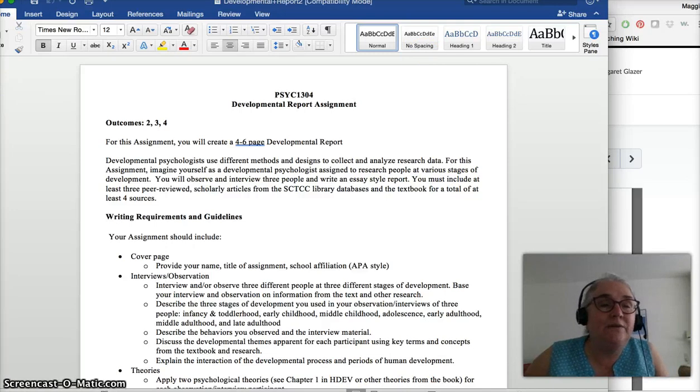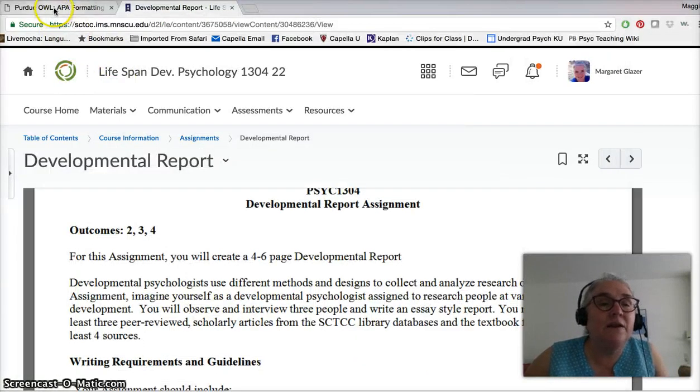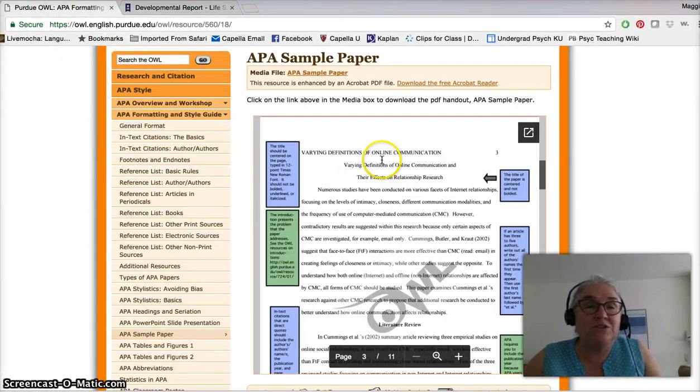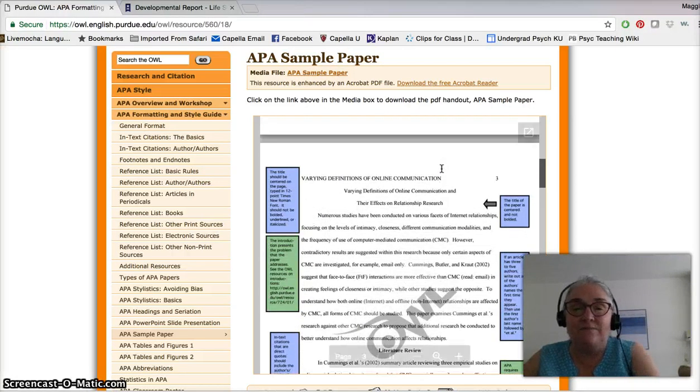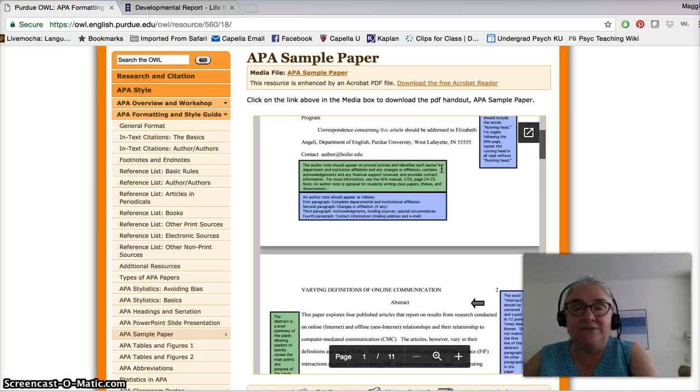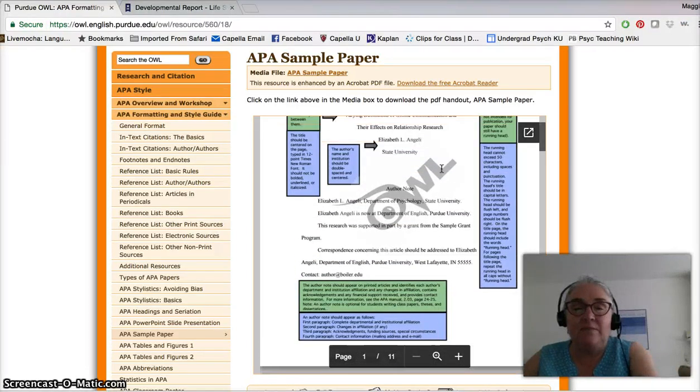And here is, let me see if I can find it again. Here it is. Purdue OWL, which is an excellent resource for everything APA. You can find that online by doing a search for it. Here is an APA sample paper. Like I said, you don't have to have these parts like the abstract and the author note.